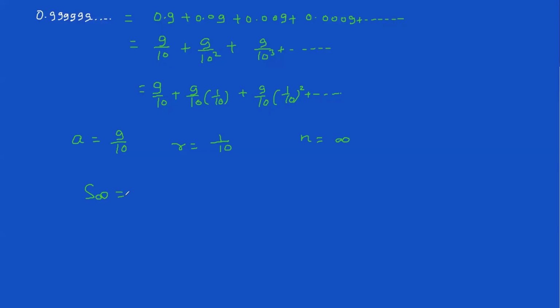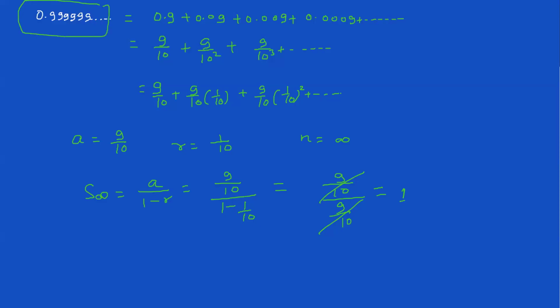Summation to infinity, A upon 1 minus R. A is 9 over 10. 10 minus 1, 9 over 10. 9 over 10, 9 over 10 cancel. So approximately what will you get? 1, right? And this is correct. Okay. So what is the exact value of this? 1 will be the answer.